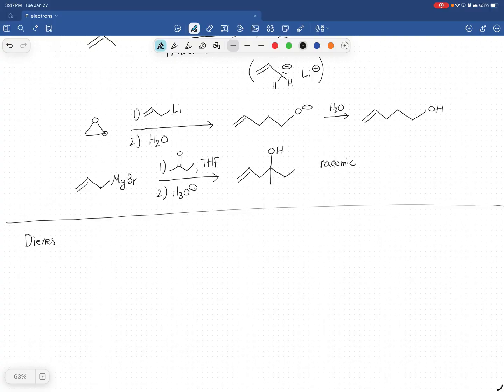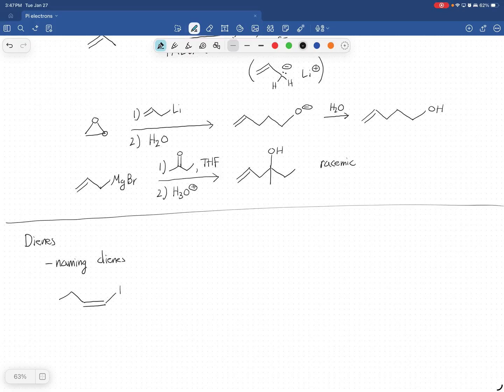Okay, so I know we've named dienes before, but let's just revisit that. Okay, so let's start with nomenclature. Naming dienes. I think we had to do that in last chapter in alkynes.